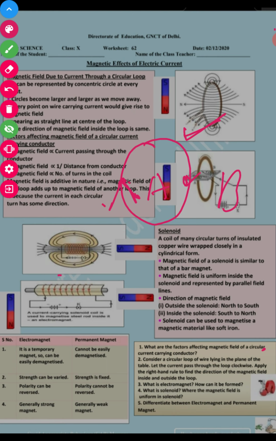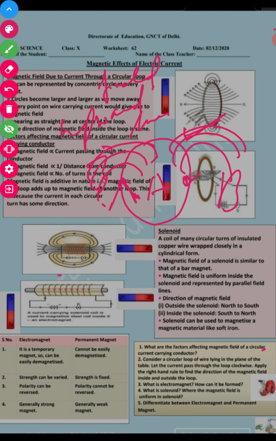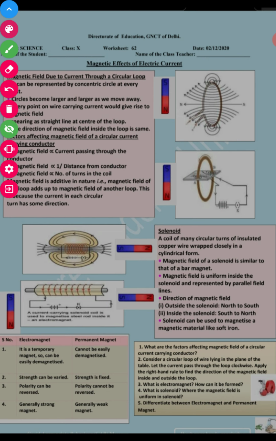This is the way you can easily show the directions. In this direction we have upward field lines, and inside it is downward.